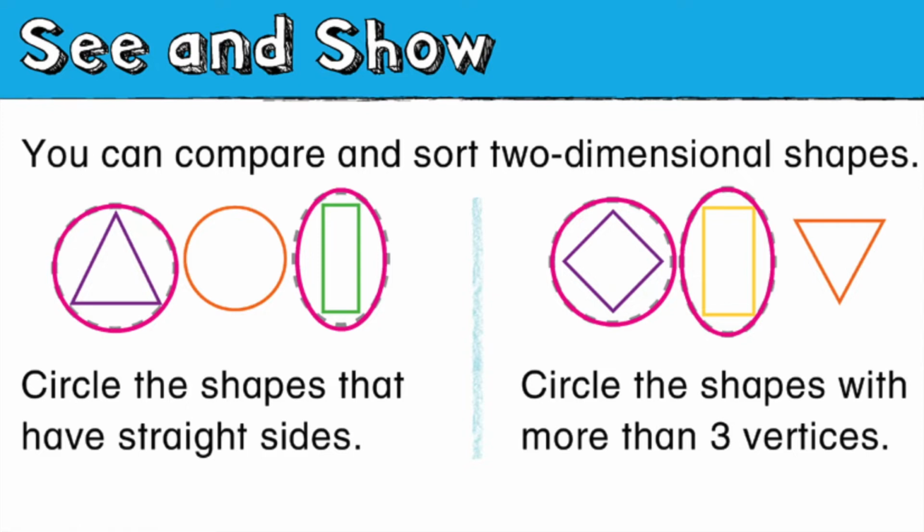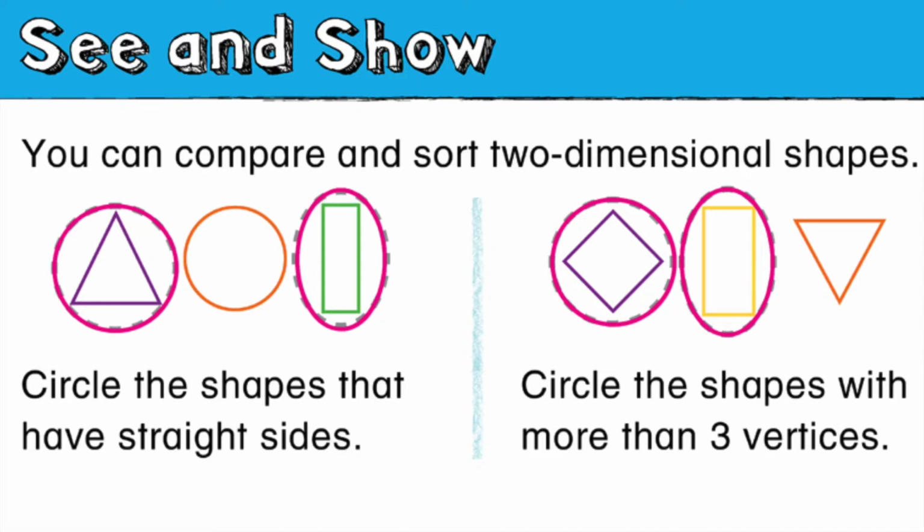Remember, we are learning that we can compare and sort two-dimensional shapes based on their sides and their vertices. The example on the left side of the screen says, circle the shapes that have straight lines or straight sides. That would be the triangle and the rectangle. On the other side, it says to circle the shapes with more than 3 vertices, more than 3 corners.